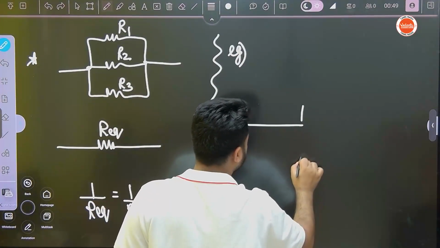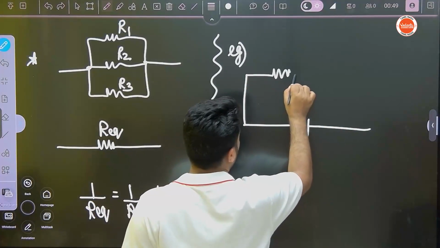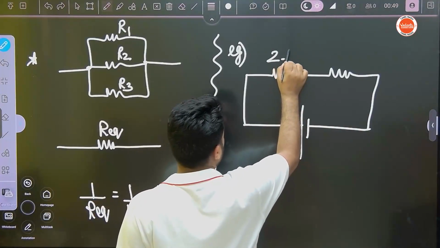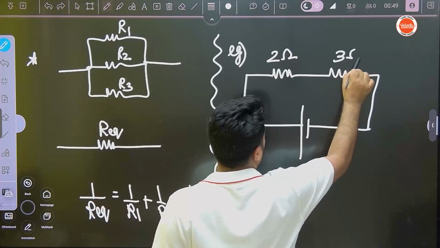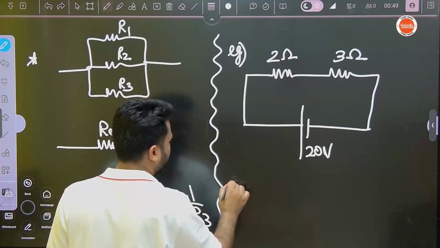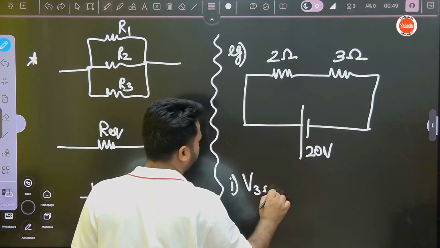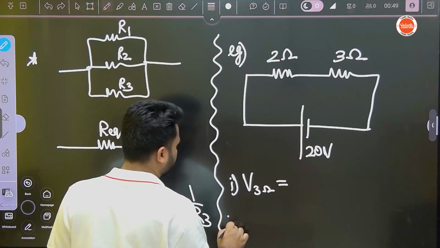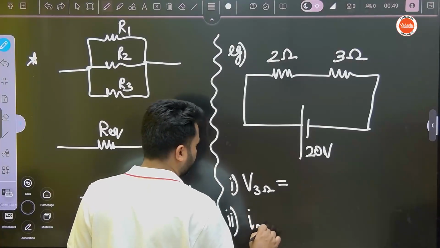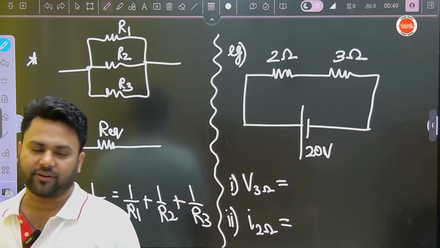Suppose, first question, what is the voltage across 3 ohm resistor? Second question, what is the current across 2 ohm resistor? Can you solve? Try to solve.